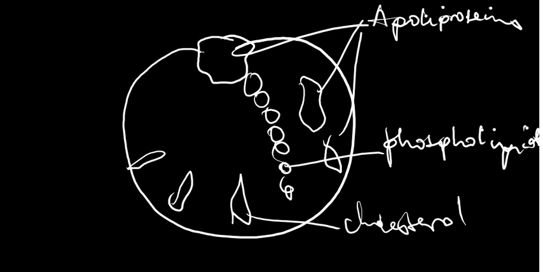The surface of this chylomicron, this whole thing is the chylomicron, is made up of the phosphodiester head groups of the phospholipids that we were able to see.